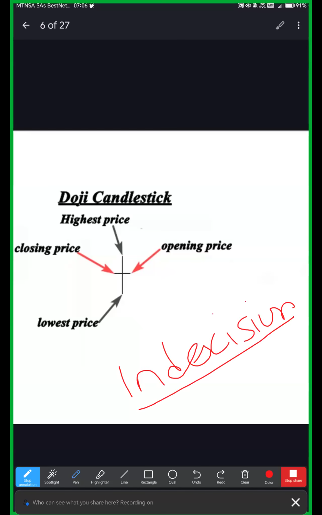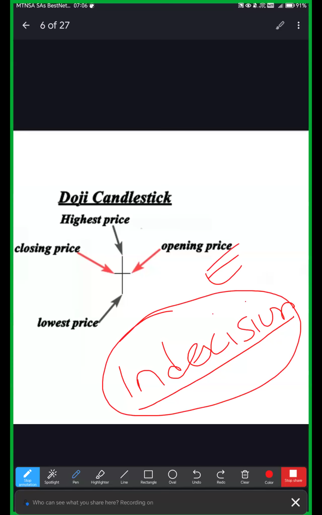Now, these dojis come in two types as well. We need to understand them better so that we are able to see their significance in the market. Currently, there is no one who is in control, which is the equality. Because of the equality, you may not know which direction the market is going to take.